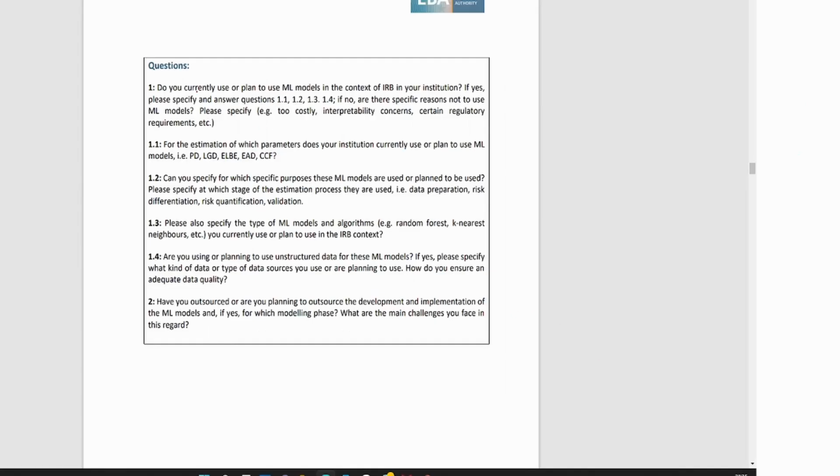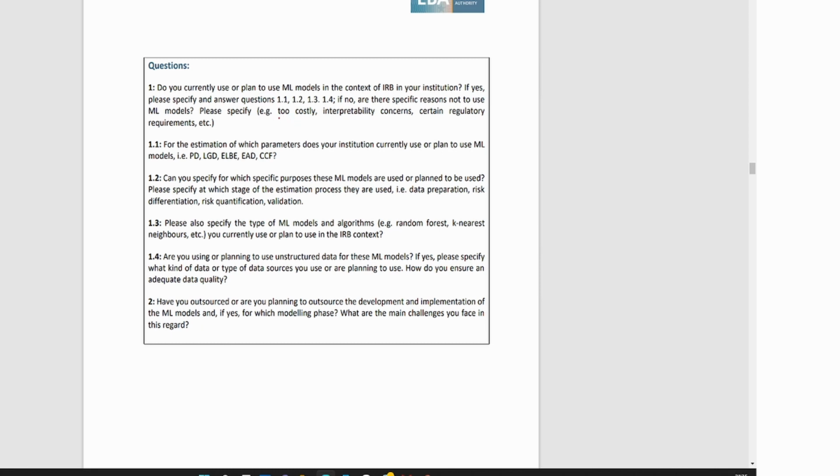Now, these are some of the questions you can find in the discussion paper. For example, here is the question: do you currently use or plan to use ML models in the context of IRB in your institution? If yes, please specify an answer. If not, are there specific reasons not to use ML models? Please specify: too costly, interpretability concerns, certain regulatory requirements.